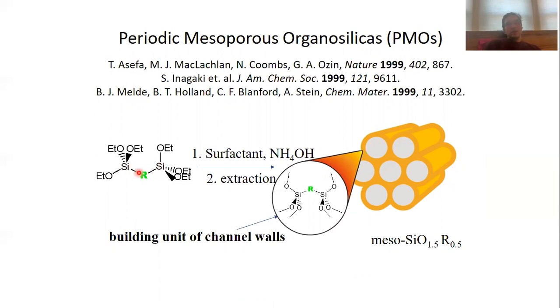In this case, the organic group has a bridging function, and for that reason it stabilizes the pore walls, and for that reason you can use such a precursor as a single source precursor, and that then boosts the number of organic groups that you can incorporate into such a structure. So in a fully condensed framework, you have then a ratio of oxygen to the organic group of 1.5 to 0.5.